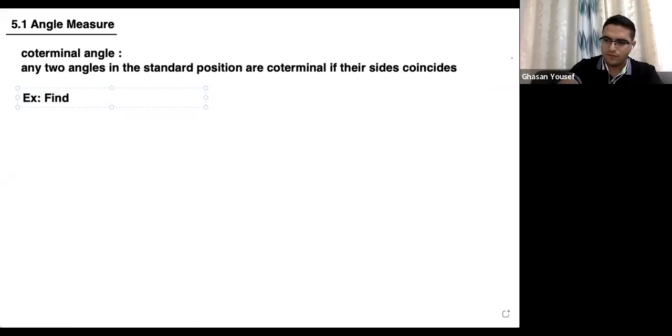So example: find angles that are coterminal with the angle theta equal 30.